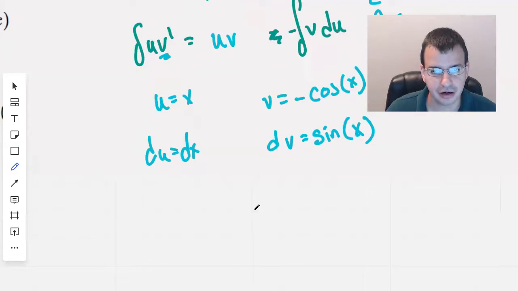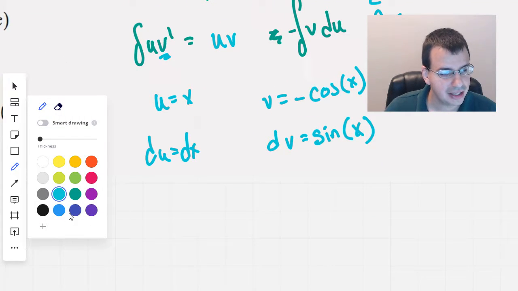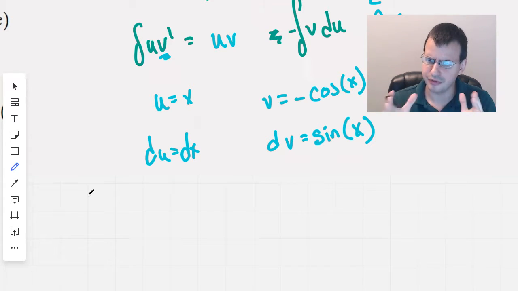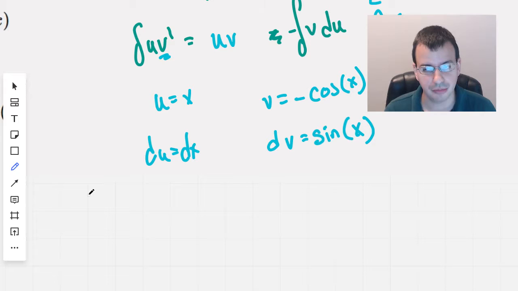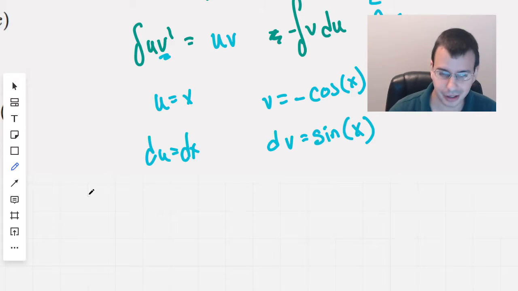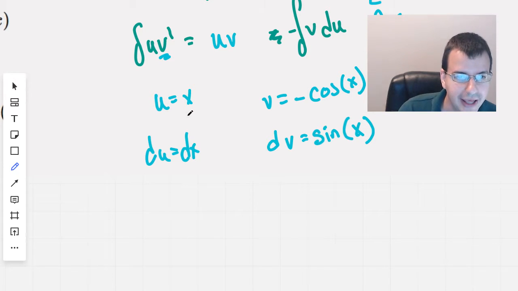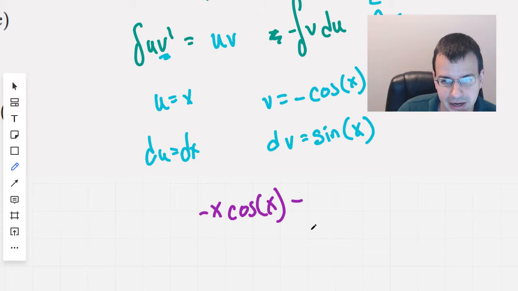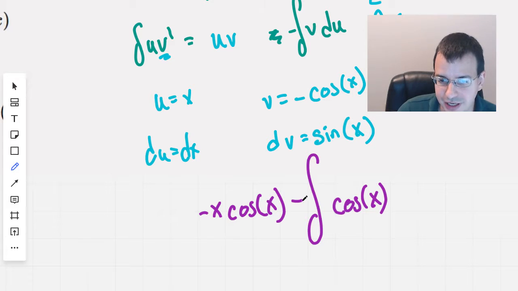Put everything together, and we get, integration by parts always seems to be a lot of setup for a small amount of actual algebra, which I don't mind, by the way. So we have negative x cosine of x minus the integral of negative cosine of x, I'm going to put the negative out here for ease, dx.